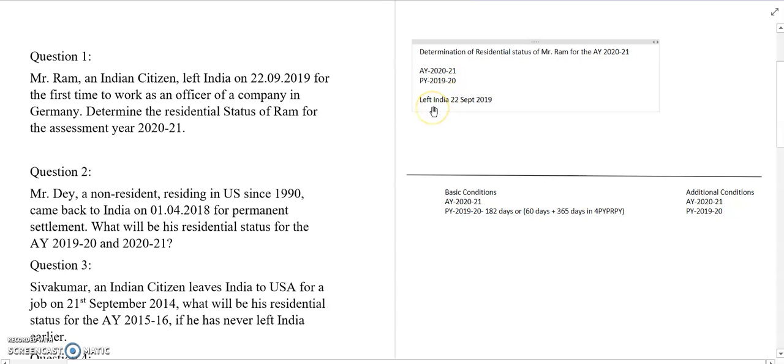Next we have to find out how many days he was there in India starting from 1st April until he left on 22 September 2019, and whether his number of days of stay in India is equal to 182 days.